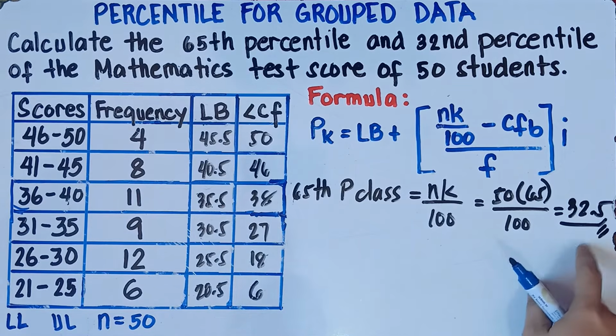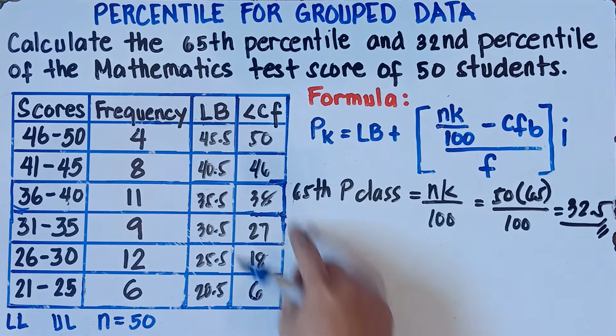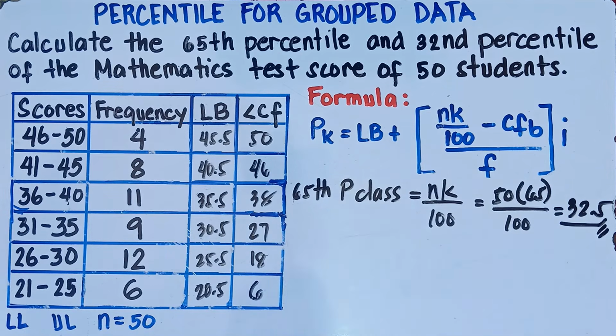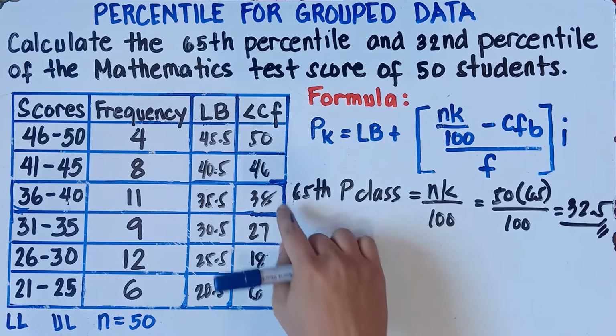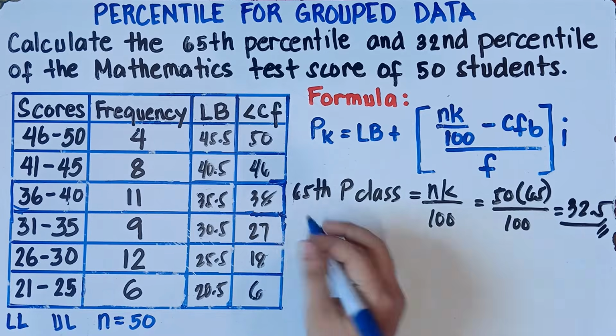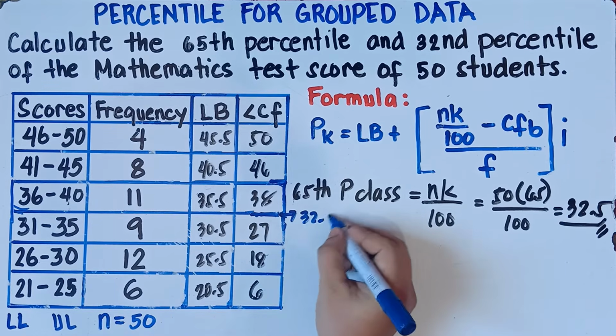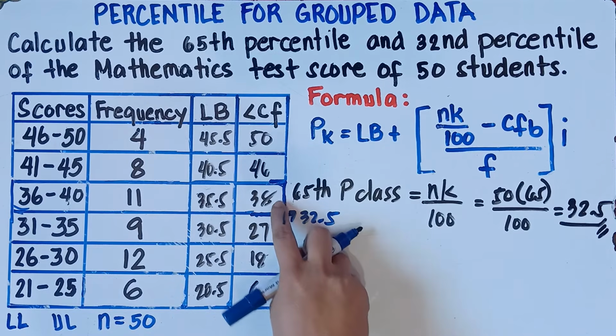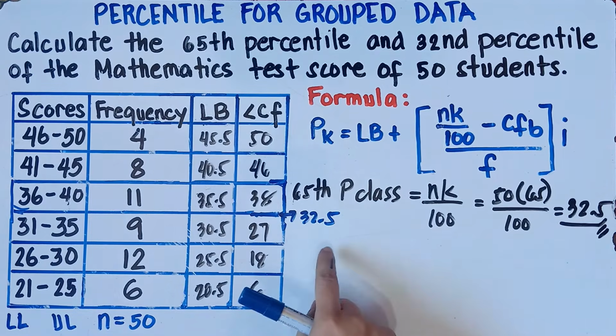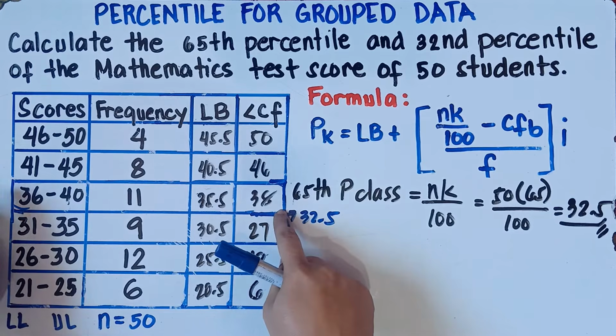Now, this 32.5, you locate in your less than cumulative frequency. Now, where is 32.5? This 32.5 is in between 38 and 27, right? 32.5 is here, in between 38 and 27. Now, we need to select the one greater than 32.5. So, this will be our percentile class.